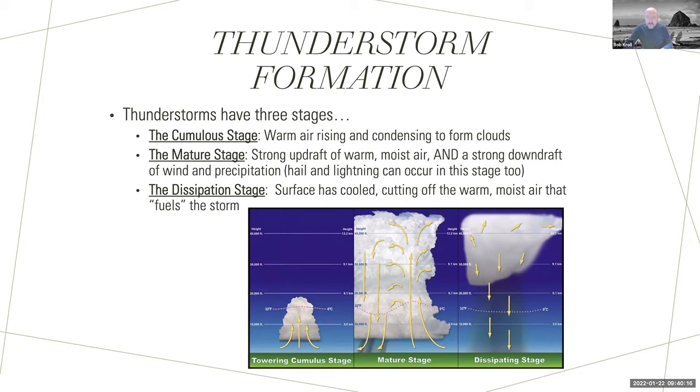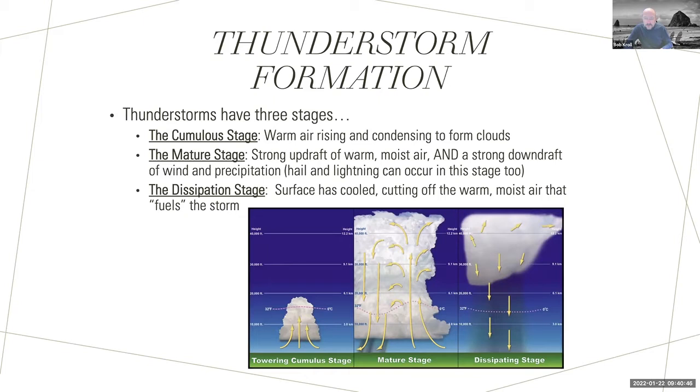It begins with warm air rising, and as it reaches colder temperatures at high altitudes up to 40,000 feet, the moisture condenses, first becoming clouds and then condensing into liquid raindrops. The downdraft of wind and precipitation almost creates kind of a vacuum as the water falls.